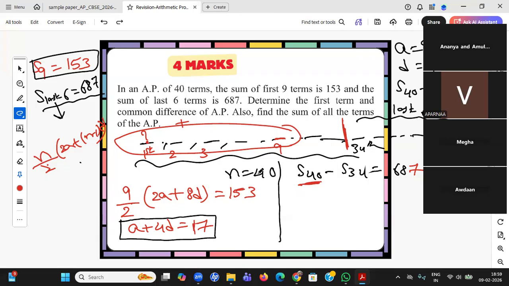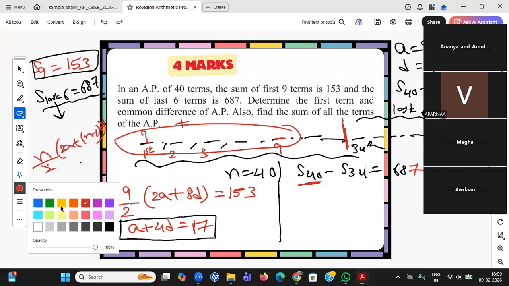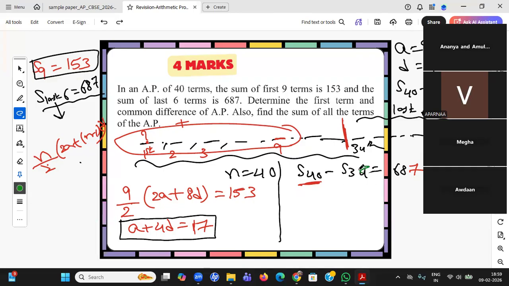Sir, the last 6 terms are from 35, right? 35, 36, 37, 38, 39, 40. Yes, you're absolutely right, in an AP of 40 terms. So this is always a confusion point.